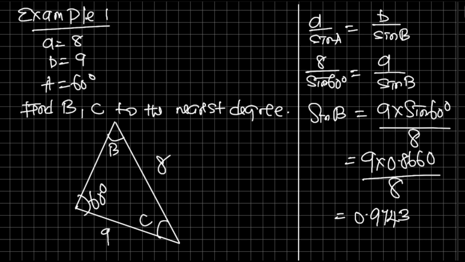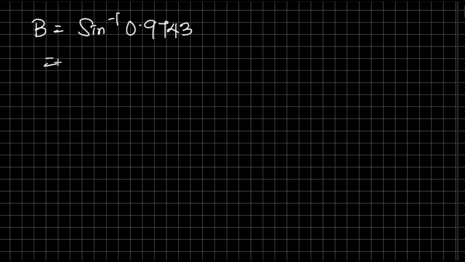So therefore B equals sine inverse of 0.9743, and that will be equal to 76.98. So B is approximately equal to 77 degrees.